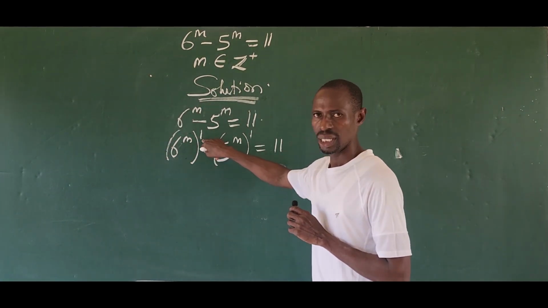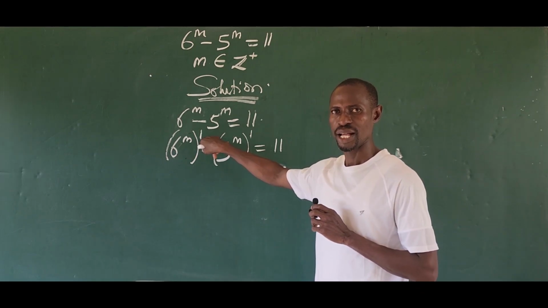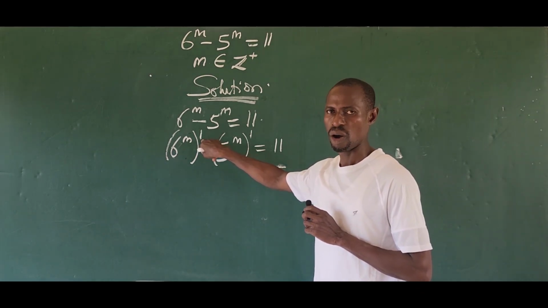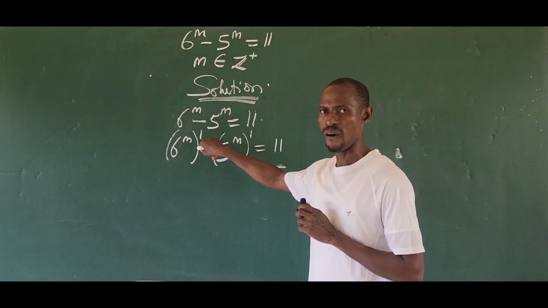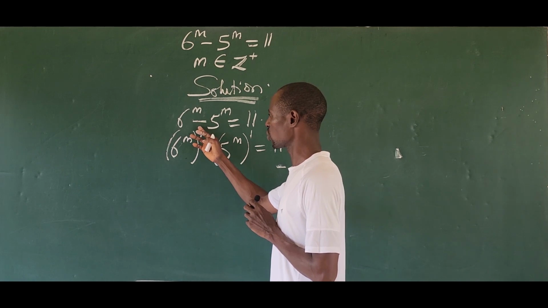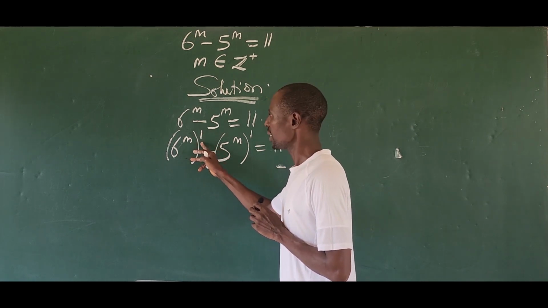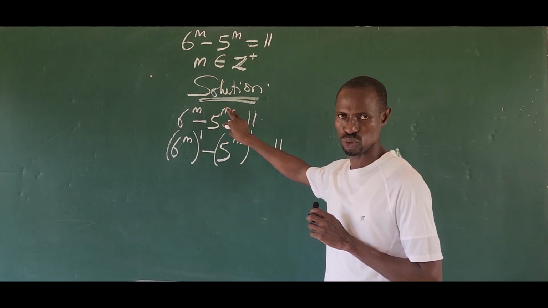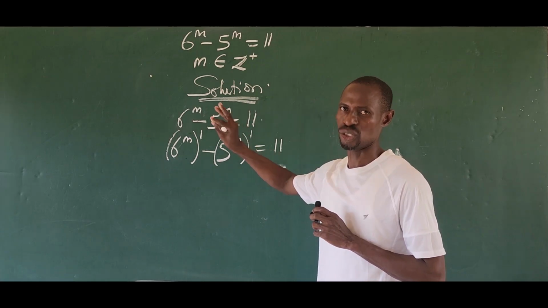Now, this 1 can equally be expressed as 2 all over 2, or 3 all over 3, or 4 all over 4, 5 all over 5, right? Good. Now, I raise this to 2 all over 2, in order for me to get my difference of two squares from this, and it works out.